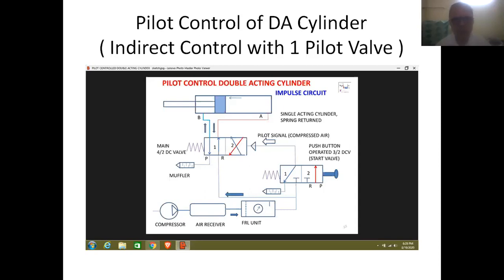And secondly, we can see the arrangement of the receiver, called the air receiver.